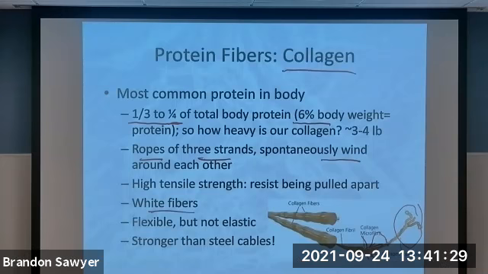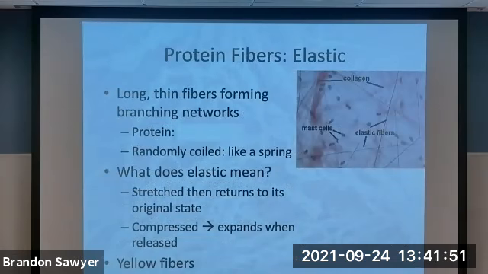They're somewhat flexible, so we can stretch them, but they don't bounce back so well. They're not super elastic. Actually, pound for pound, if we had a steel cable the same width as a collagen fiber, collagen has more tensile strength than the steel cable does. So that's collagen.